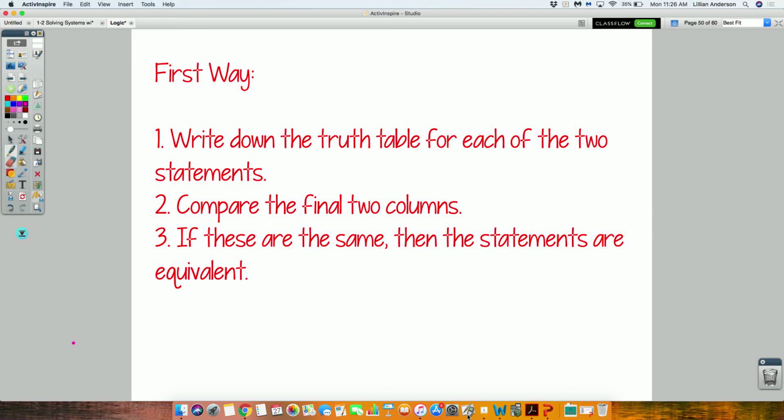Then you compare the final columns of those truth tables, and if they're the same, then these statements are equivalent. Just like what you did for your homework, that one homework problem. That's the first way. So you look at them individually and see if they have the same entry in that final column.